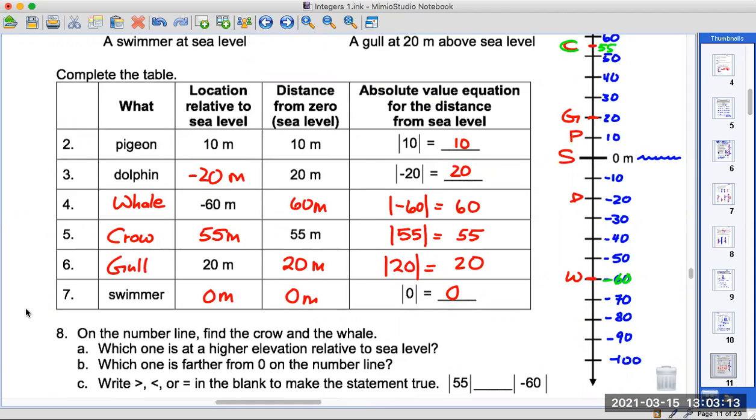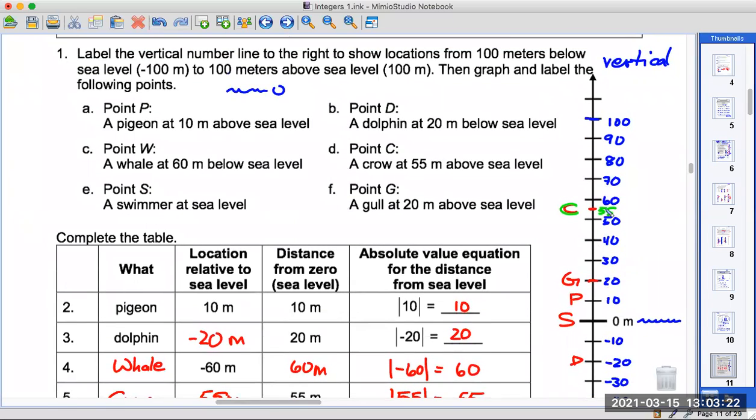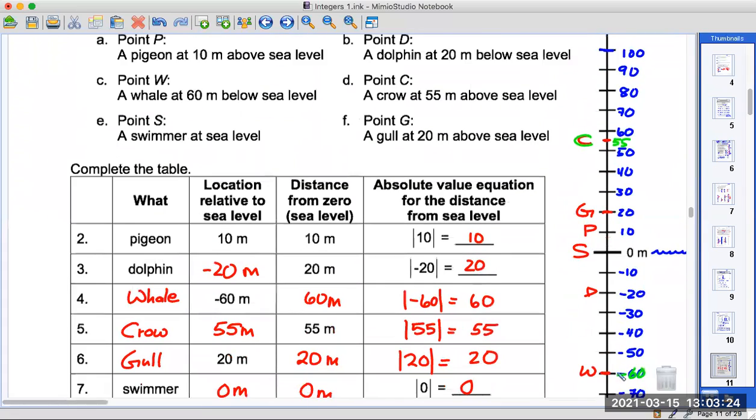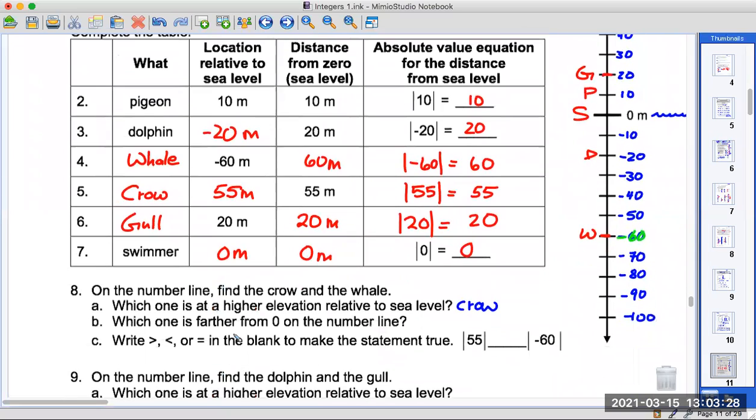The crow, because it's up. Which one is farther from 0 on the number line? The whale. 60.